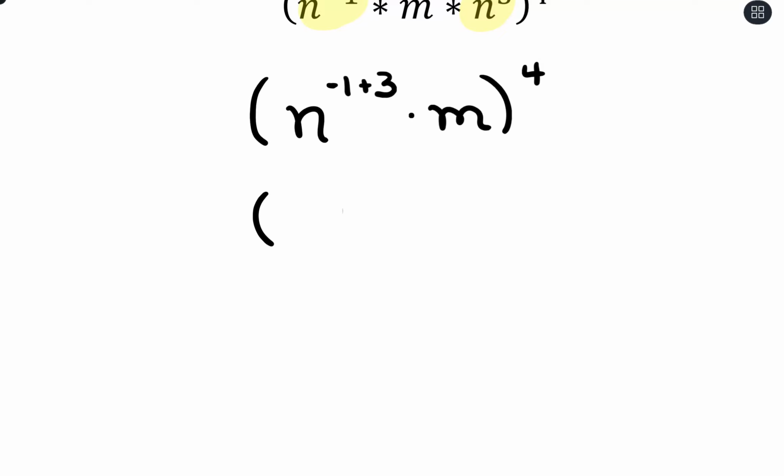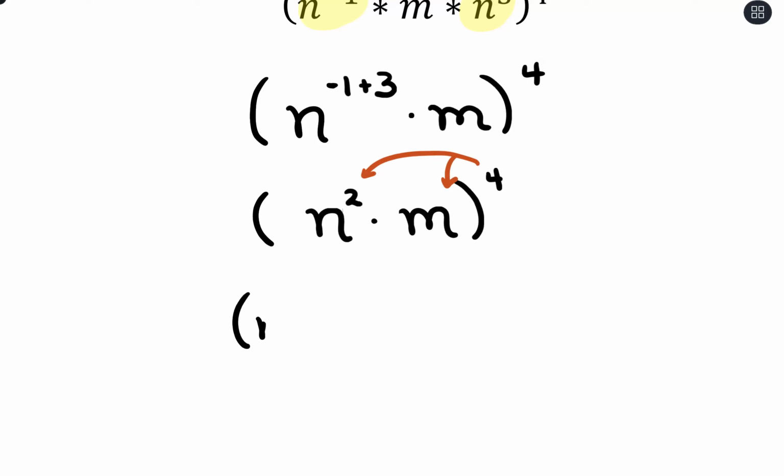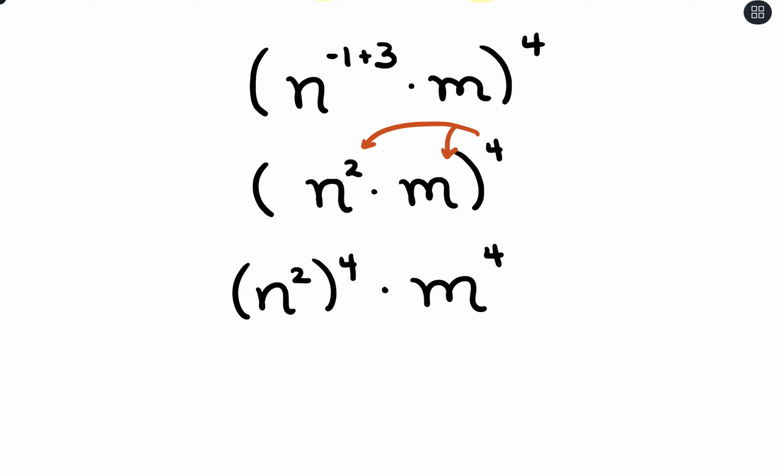So this will be n squared times m raised to the power of 4. And that exponent is going to go on n squared and m. So we're going to have n squared to the 4th power times m to the 4th power.